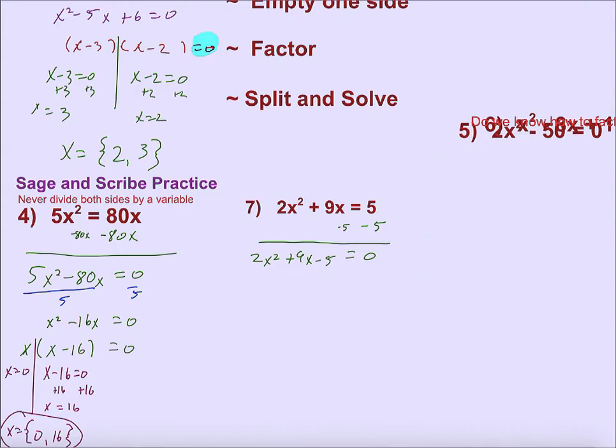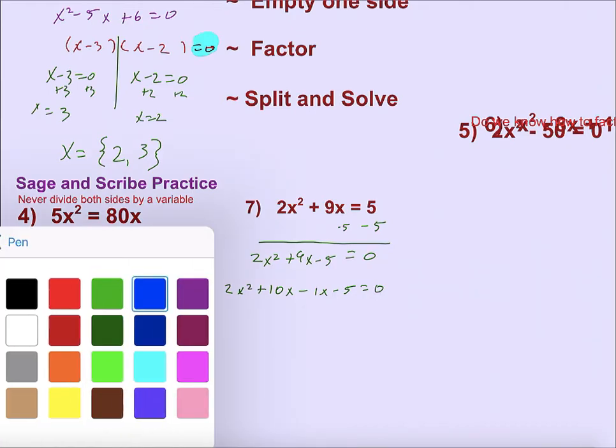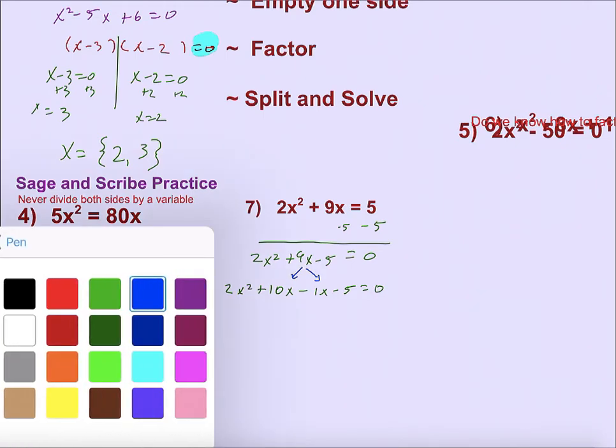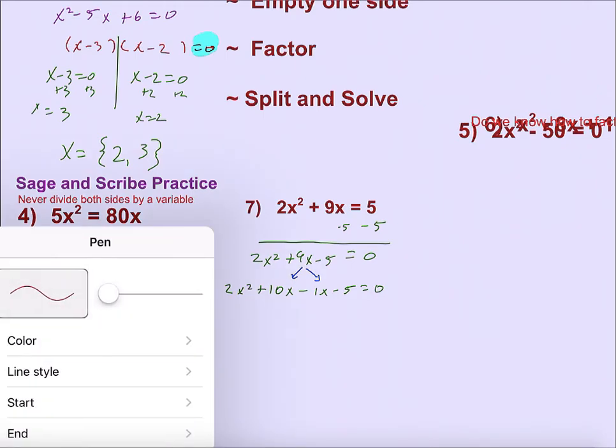I'm going to look for 2 numbers that multiply to negative 10 and add to positive 9, which would be positive 10x and negative 1x. You don't have to write that negative 1 if you don't want to. So just a quick reminder that what I've done is I've split this 9x into 2 terms, so that now I have 4 terms and I can factor by grouping.